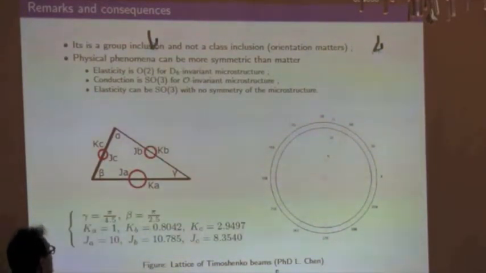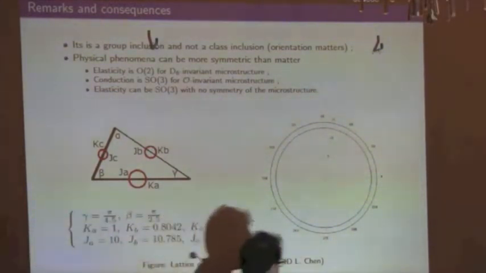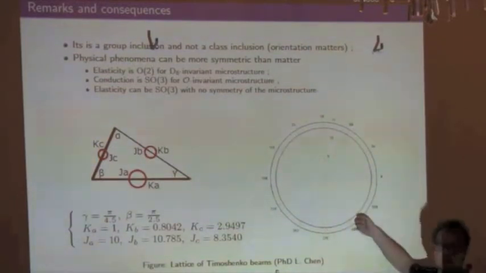Your Timoshenko beam is defined by different beams having different material parameters, and if you choose carefully the different parameters of your beams, you can produce at the end an isotropic behavior.